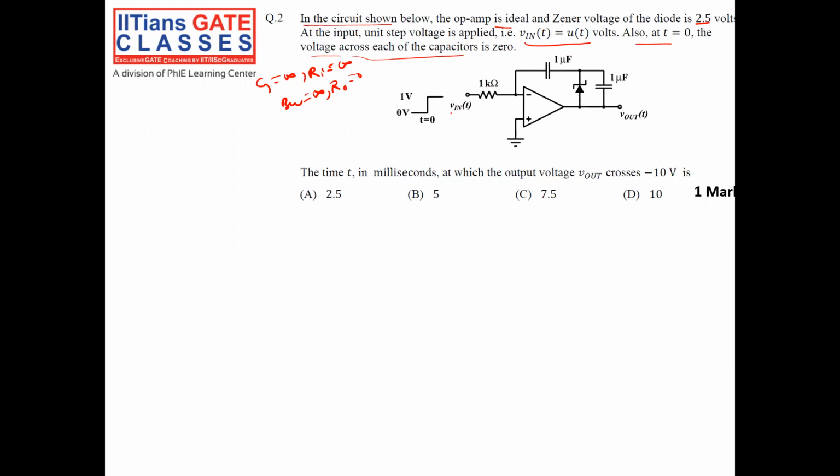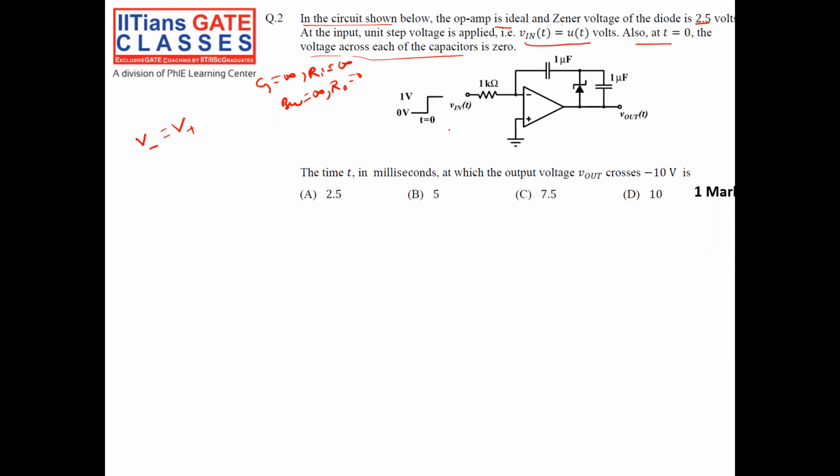This is a very nice question. So first, since there is feedback from output to input, the op-amp is operating in negative feedback. So there is a principle called virtual ground, which says the voltage at the negative terminal is equal to the voltage at the positive terminal.